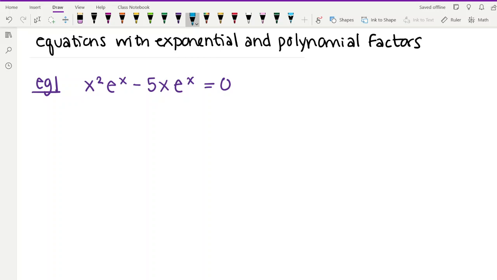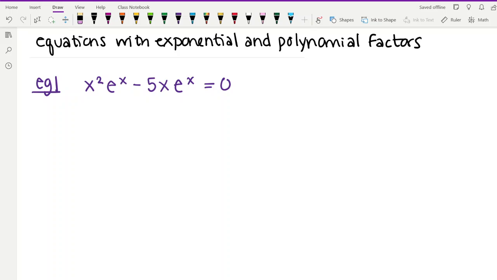It's not true that if you have something like a times b is equal to 6, you can say, well, a is 6 or b is 6. It is true that if you have something like a times b is equal to 0, then a has to be 0 or b has to be 0. So it's a special thing about equations that are equal to 0 that makes factoring the right approach for them.